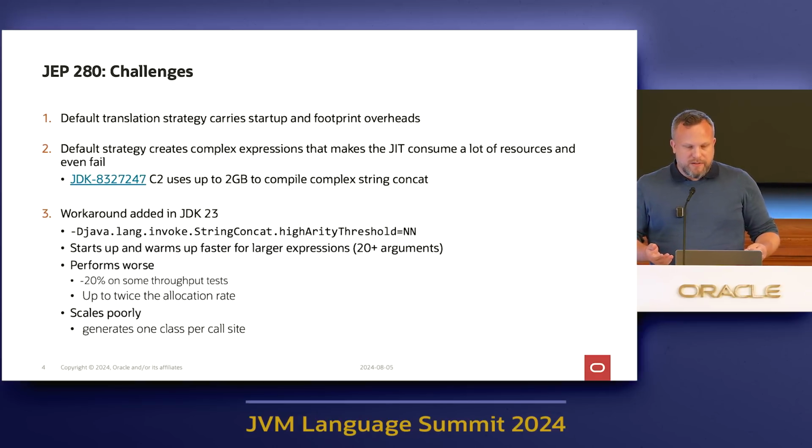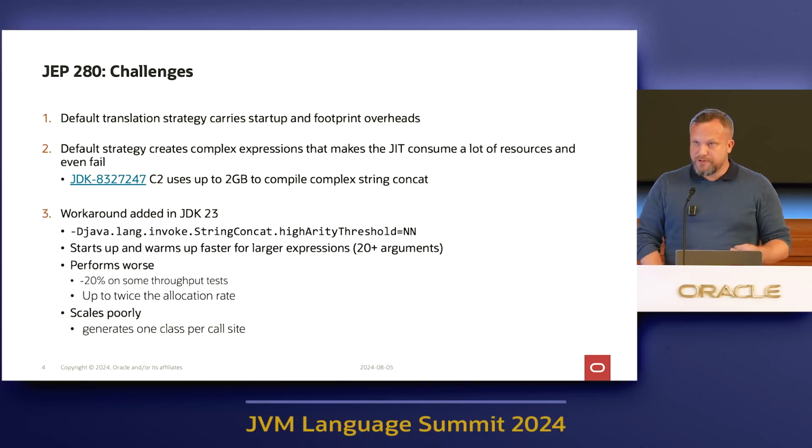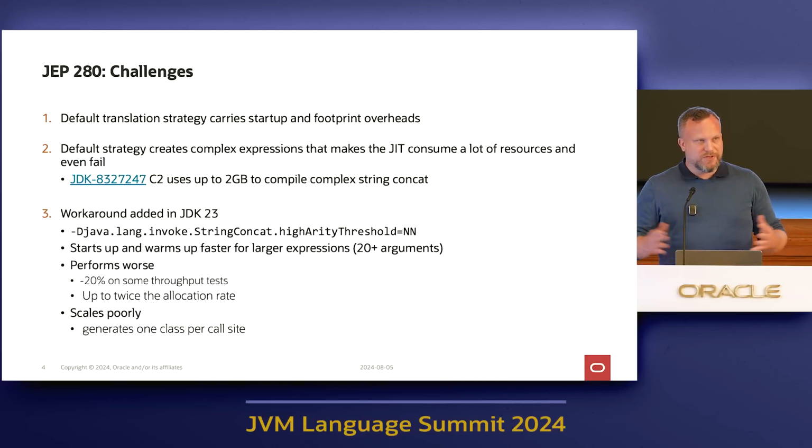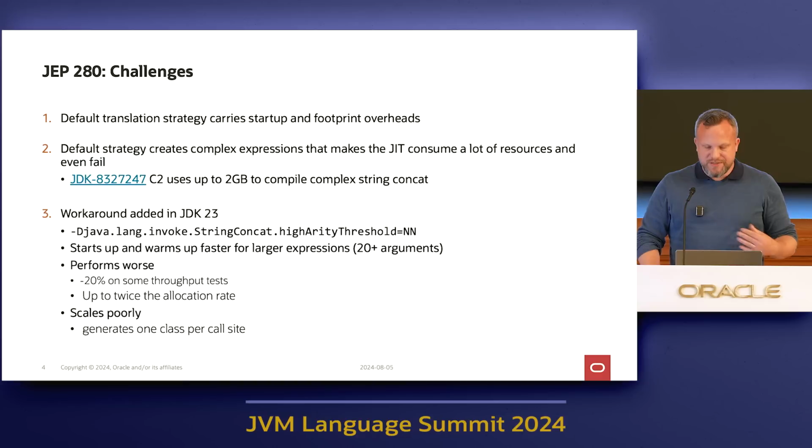So we revived a little bit of a workaround to produce a strategy that produces simpler shapes, like one class per such complex string concatenation expression. This was recently added in Java 23, and you can control which arity of expressions will use this workaround.